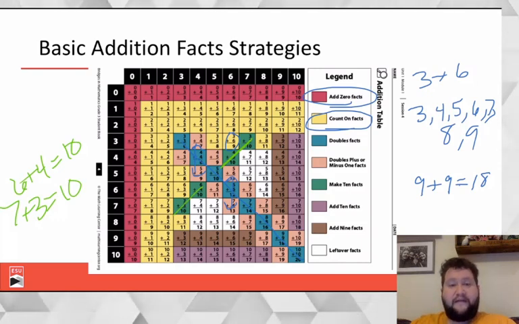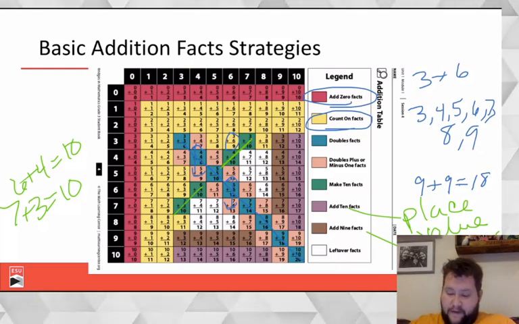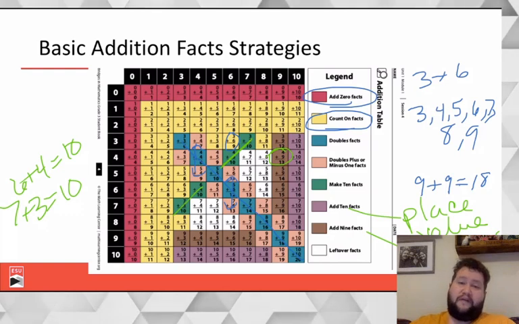Add tens facts relies on place value. Your add nines facts are just add tens, take away 1. Right, so if I'm doing 4 plus 9, well, that's like 4 plus 10, which is 14, but I had 1 less, so it's 13.